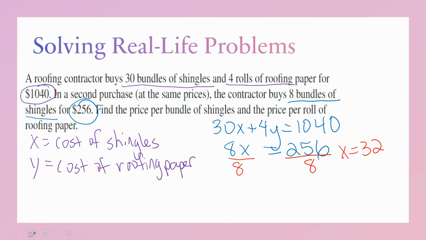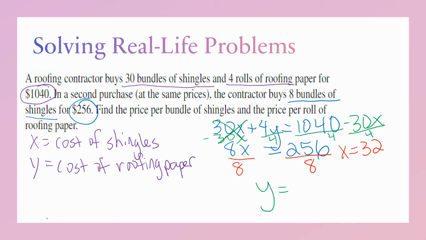I also need to get the top equation so that y is alone for slope-intercept form. I would start that by subtracting 30x from both sides and then divide every single one of these by 4.